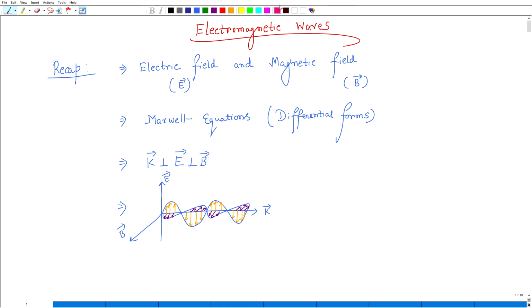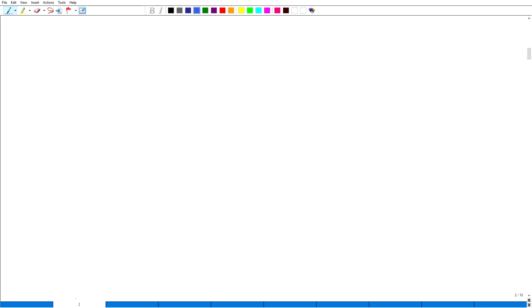In today's class we will start with displacement current. So, our first topic is displacement current. But to understand displacement current, we have to learn about Ampere's Circuital Law.